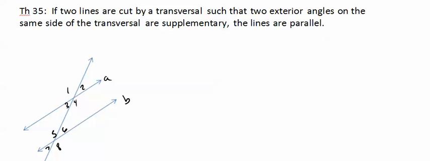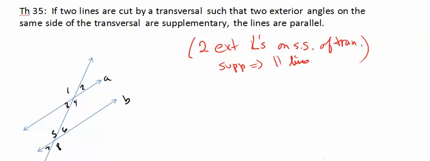Theorem 35 is very similar to Theorem 34, except instead of being interior angles that are on the same side and supplementary, it is the exterior angles. Therefore, if 1 would be supplementary to 7 and 2 supplementary to 8, it would imply that lines A and B are parallel. Again, we can shorthand it just like we did before, except instead of interior, we will use exterior.